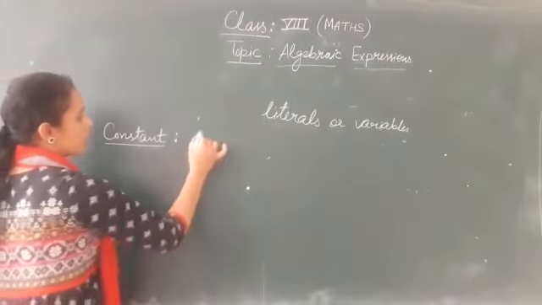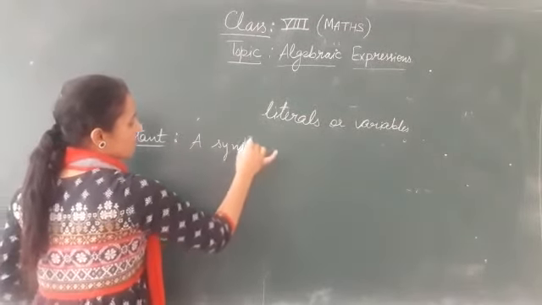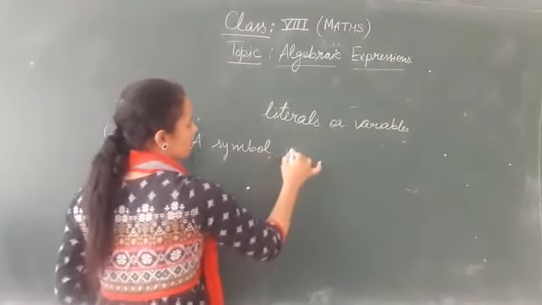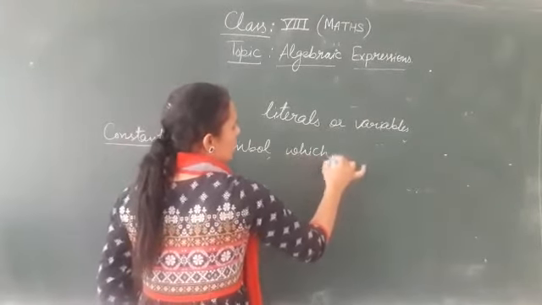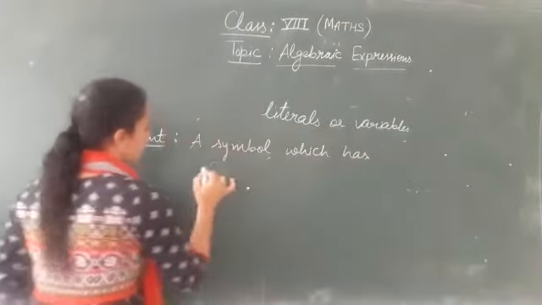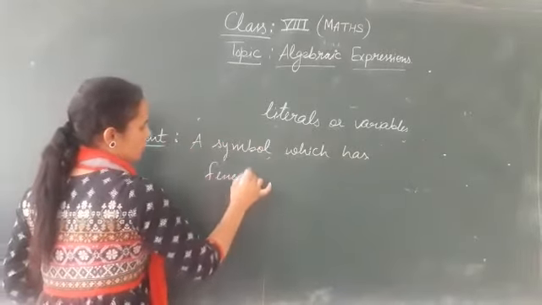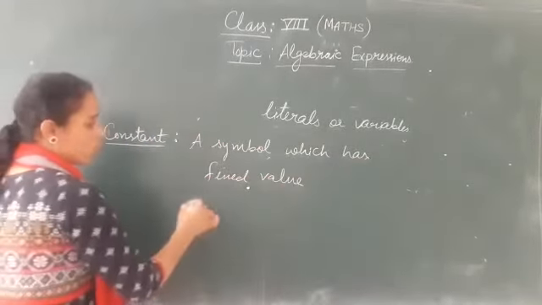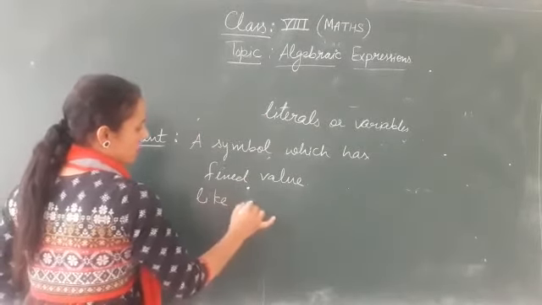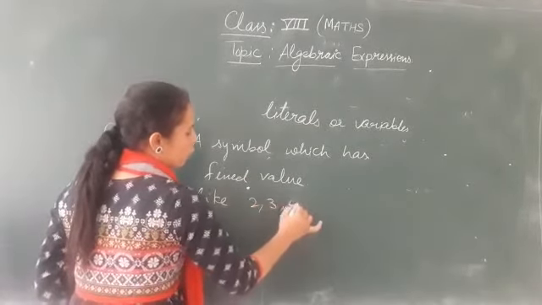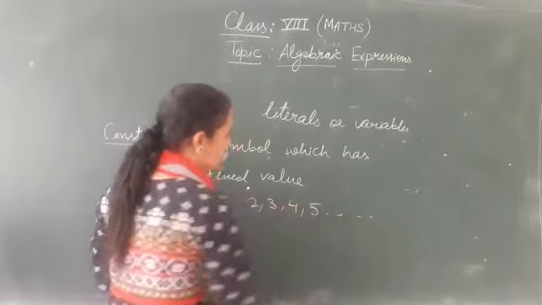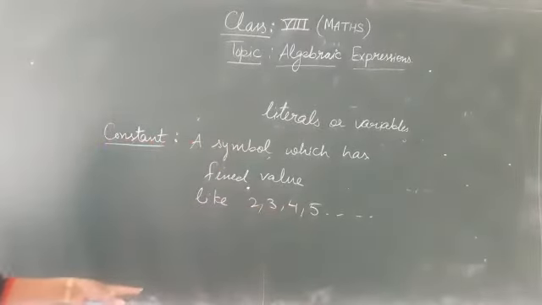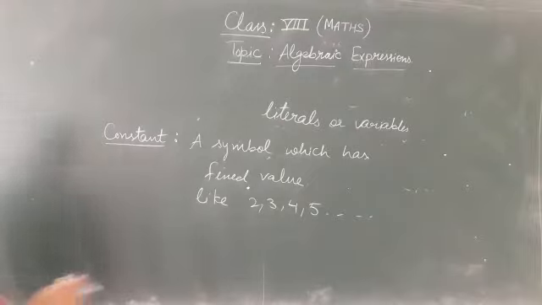A constant is a symbol which has a fixed value, whose value doesn't change, like all the numbers 2, 3, 4, 5 and so on. Their values will never change, they will remain the same, so they are called constants.